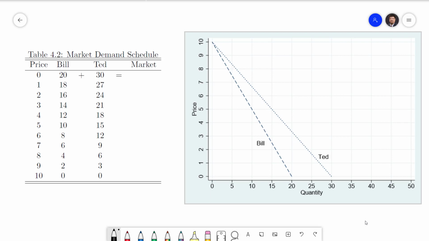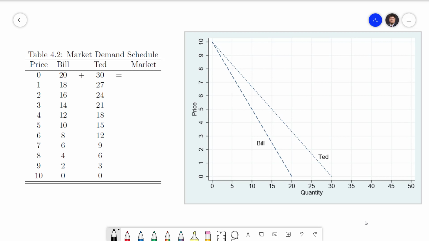The schedule on the left shows the individual demand schedules for both of our buyers, the quantity demanded that each of them will demand at each price. You can see that Ted behaves much in the same way as Bill. At low prices, he has a high quantity demanded, and at high prices, he has a low quantity demanded. This is the law of demand.